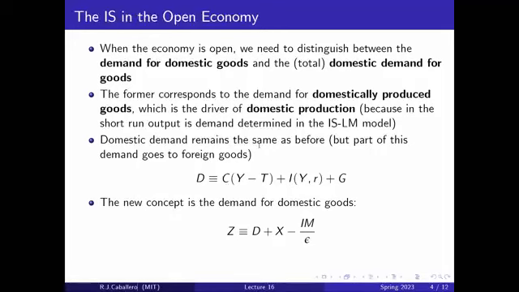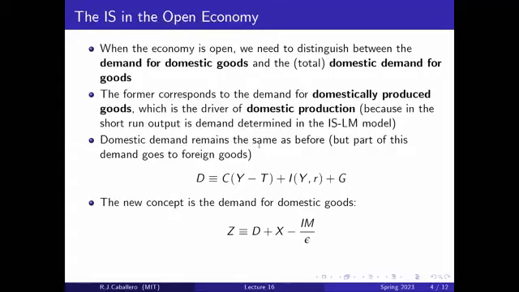Okay? Now, something that we didn't need to worry about, but we're going to have to worry about here a lot, is that there is a distinction between the demand for domestic goods and the domestic demand for goods. Okay? This can be tricky. But there's a difference between demand for domestic goods versus the domestic demand for goods.